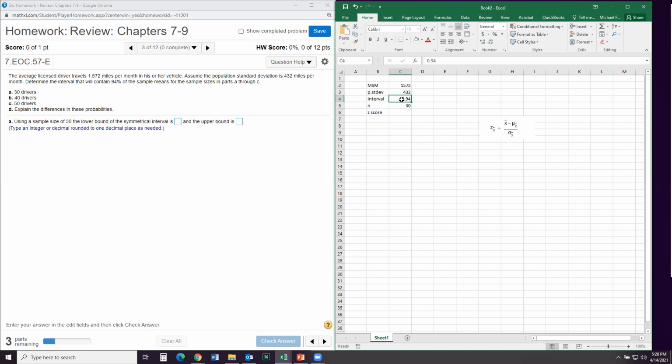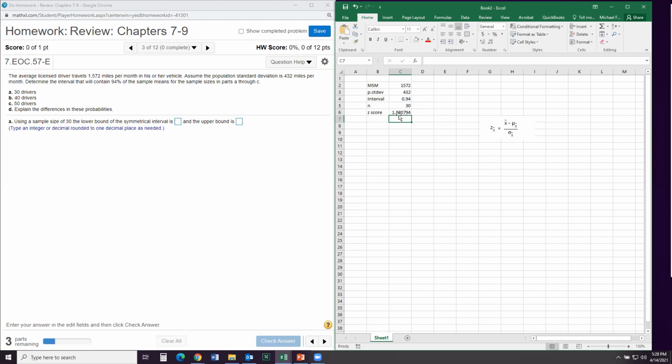All right, so this matters because when I use norm.s.inverse, it wants a probability. So if I'm looking for the top of this distribution, I'm going to say it's at 0.97. So that's the point at which 97% of the distribution is below it and 3% is above it.